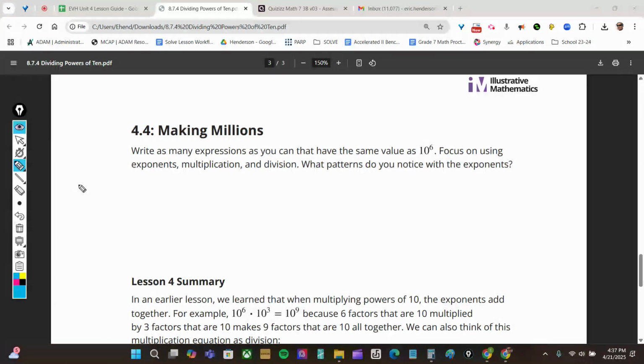So let's say 10 to the 2 times 10 to the 4 equals 10 to the 6, because that's 2 plus 4. Then you got 10 to the 1 times 10 to the 5. You can go ahead and do the rest.